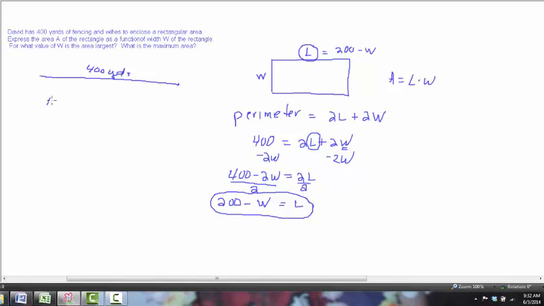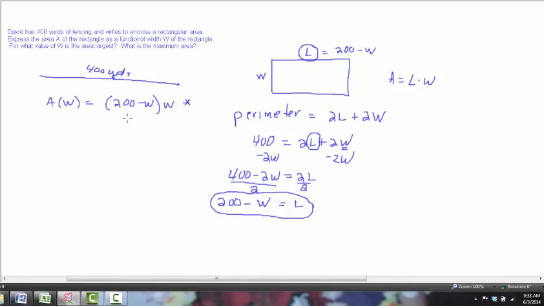So my area function will be in terms of W, and my length is 200 minus W times my width, which is W. So I came up with an area function. So that is the first question. Express the area of the rectangle as a function of width, or W. So that is this right here.